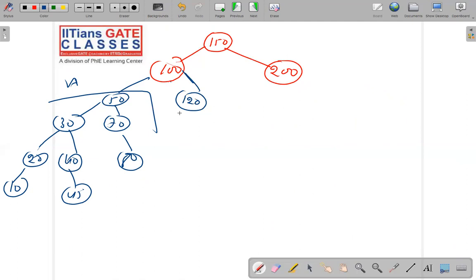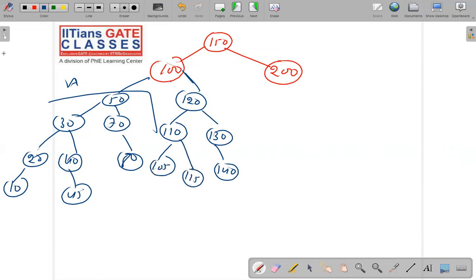We have 120, 110, 130, 140, 105, 115, and the newly inserted node, after the shuffling of the children on the rotation, will come here.